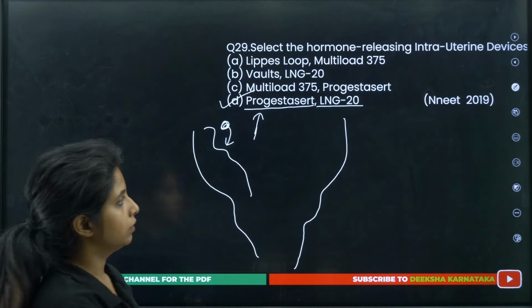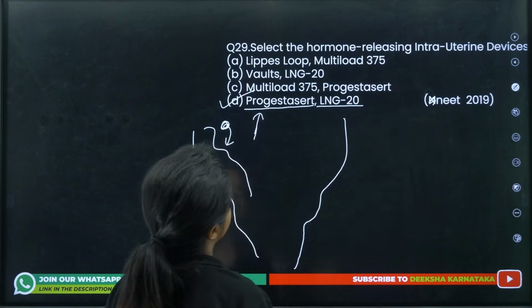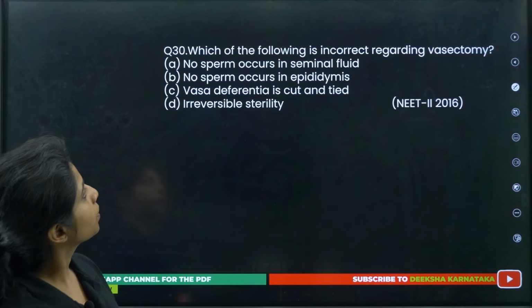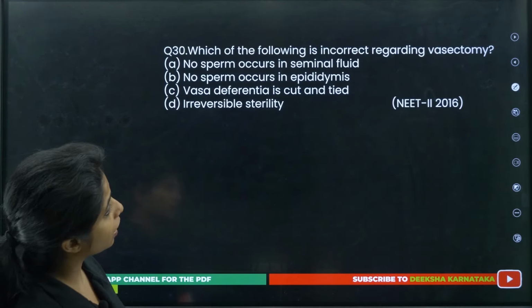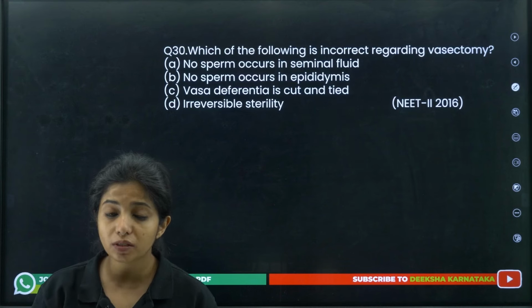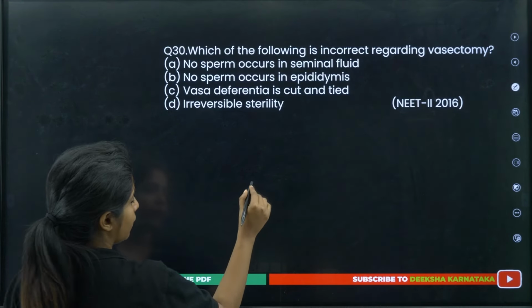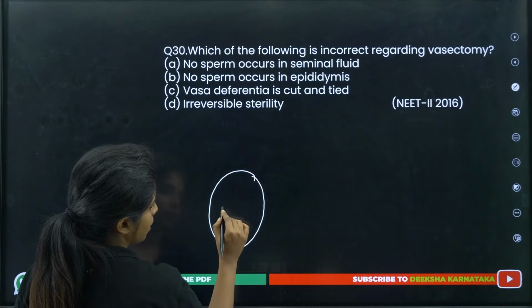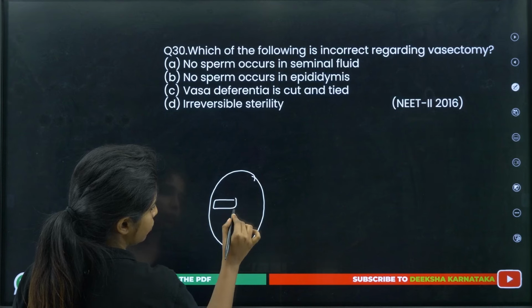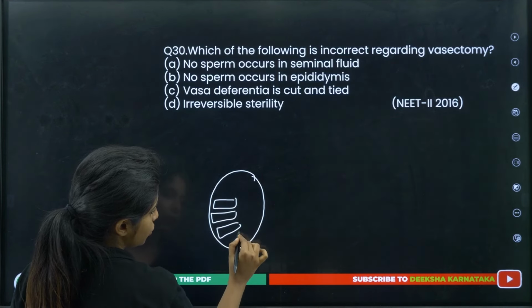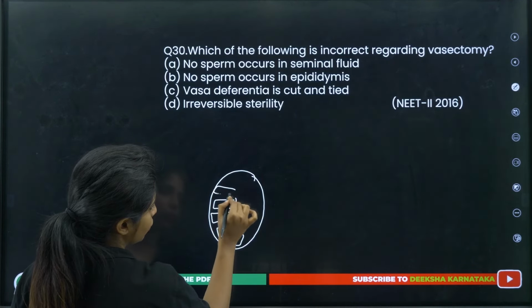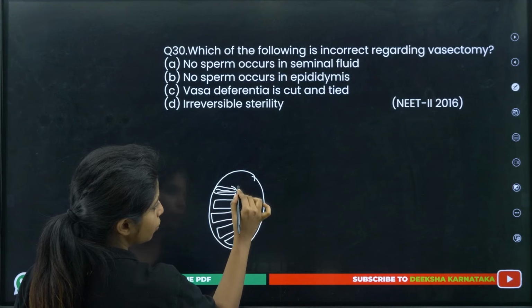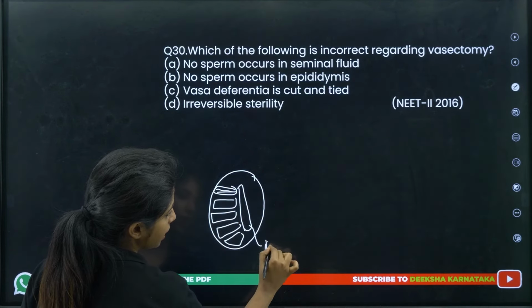Fine. There's only one, and I don't know, the typing person has made so many mistakes. Which of the following is incorrect regarding vasectomy? Vasectomy means what, children? Remember, we have the testis. The testis has seminiferous tubules, testicular lobules and everything. These testicular lobules have seminiferous tubules which open into something known as rete testis.